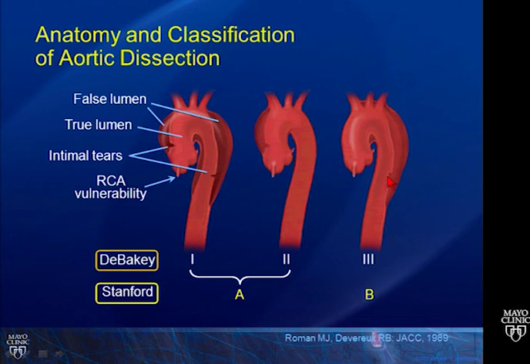If the tear begins in the descending thoracic aorta beyond the left subclavian artery, then that would be considered a type B. And so you don't have to worry about differentiating between the other types of coding. It's just Stanford A or B. Ascending for A or B for the descending aorta.